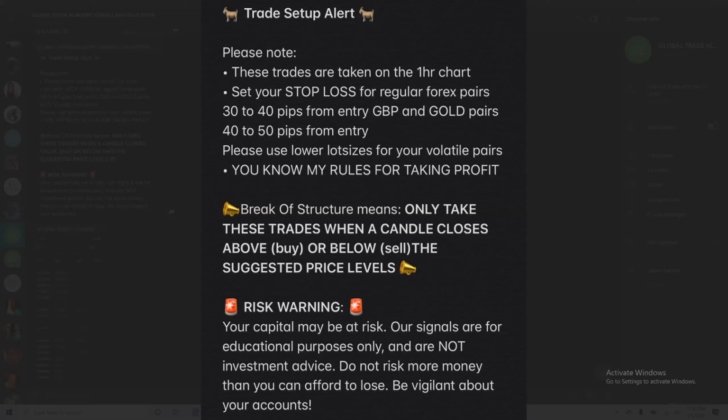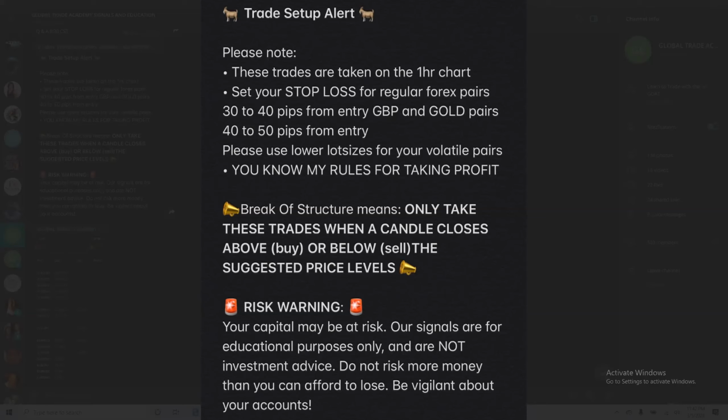Now, what does break of structure mean? It means to only take the trade when a candle closes above or below, depending on if you're in a buy or sell, the suggested price level, okay? Only when the candle closes, not when the candle touches, not when the candle passes it up but then retraces.